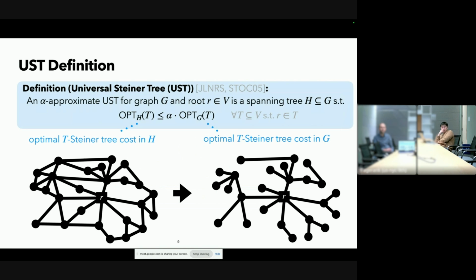Notice that the cost of optimal Steiner trees in the spanning tree is always greater than that of the original graph, because you're only dropping edges and there are only more things you can't use in the spanning tree.